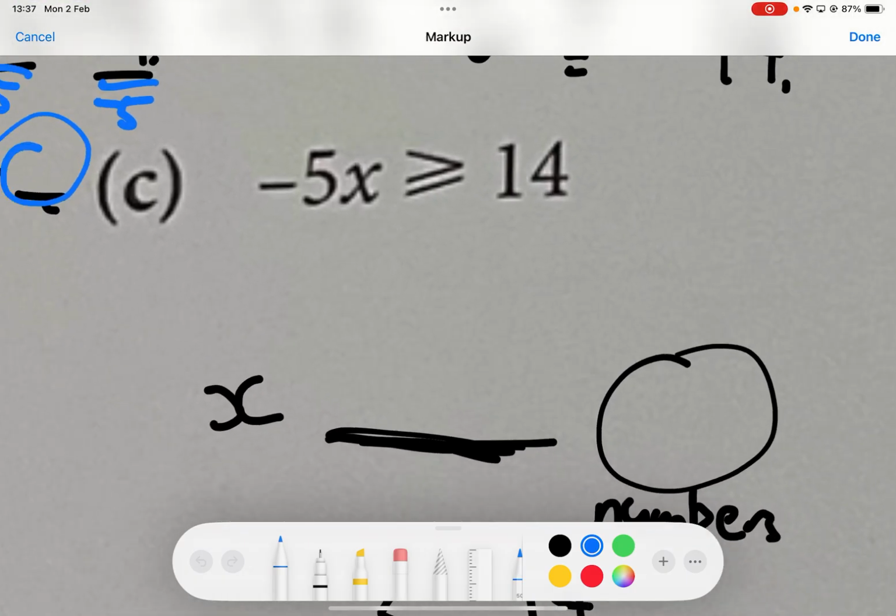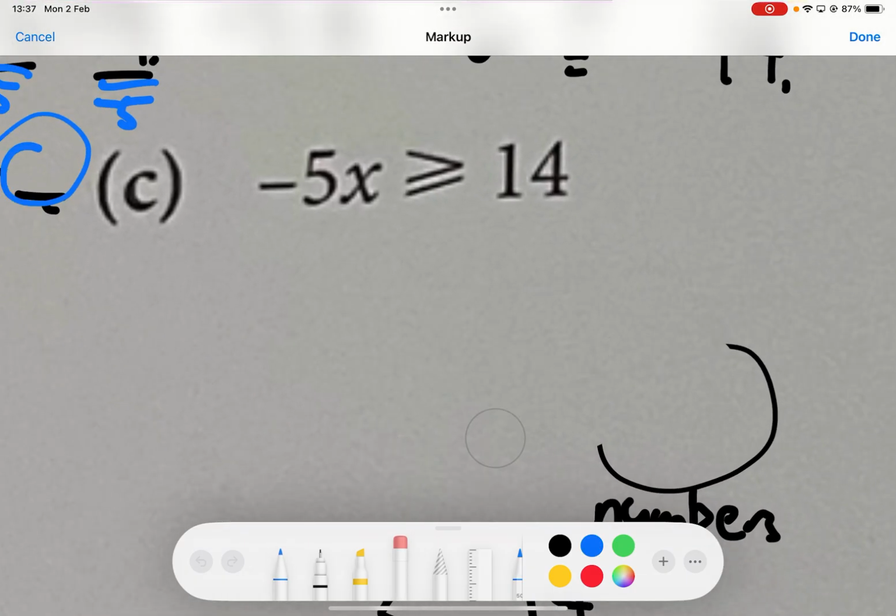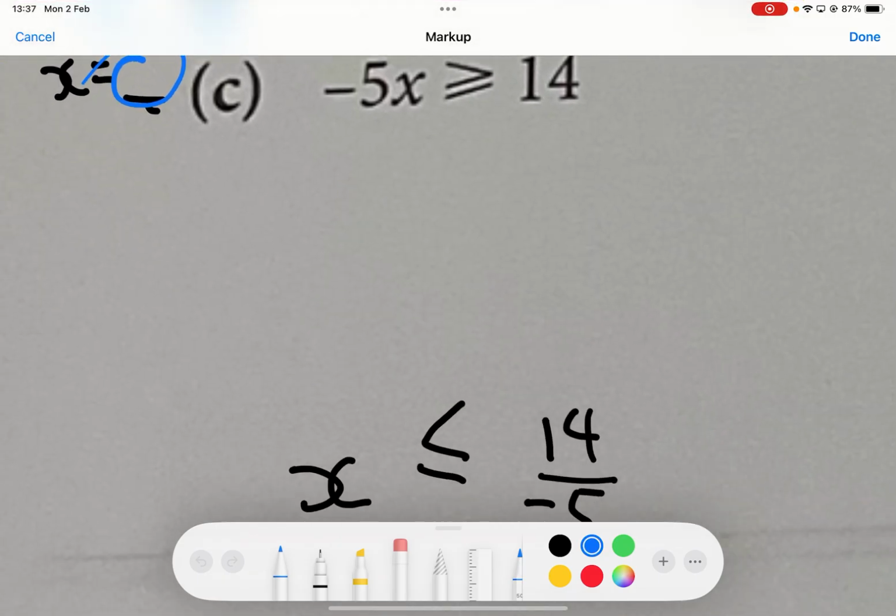When I am solving for inequality, I also want to finally get to 1x. How do I get from negative 5x to 1x? Also the same as equation. I need to divide my left by negative 5 so that I can get to 1x.